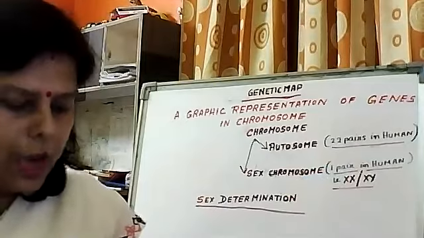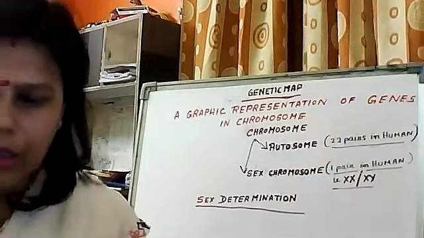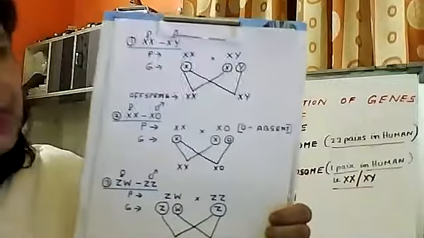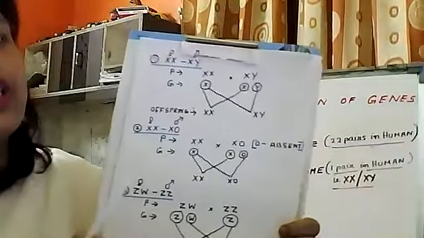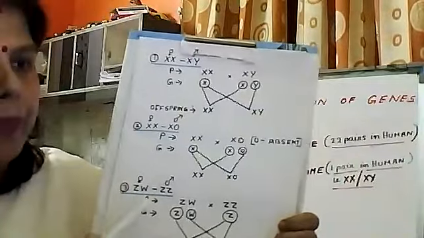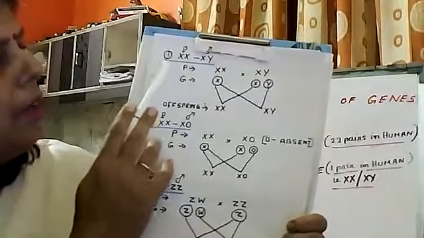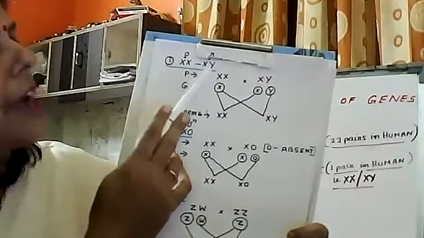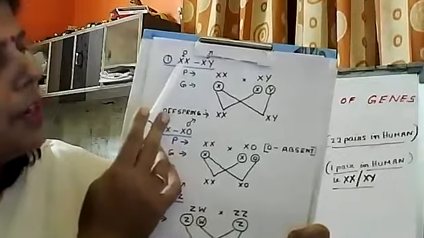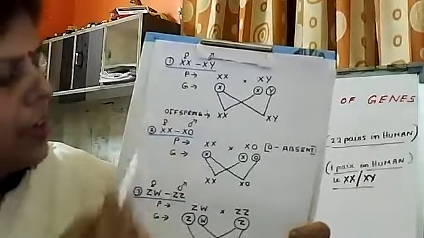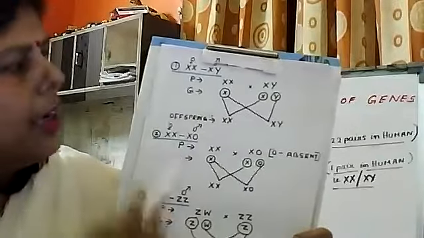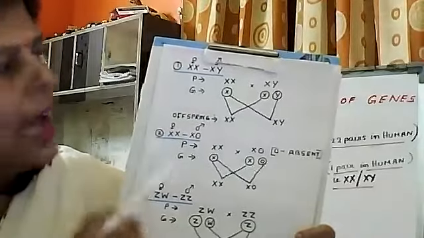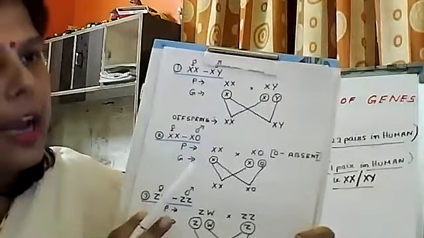So the first one, in your book, is very simple, but a question is very often asked from this part. The first one is given as sex determination XX-XY. Whatever combinations are shown here, these are all the sex chromosomes present in the male and female in different organisms.